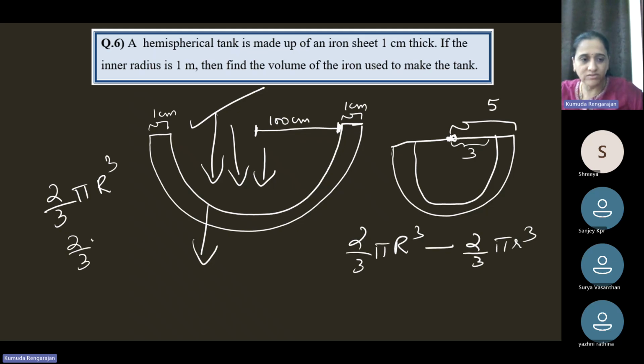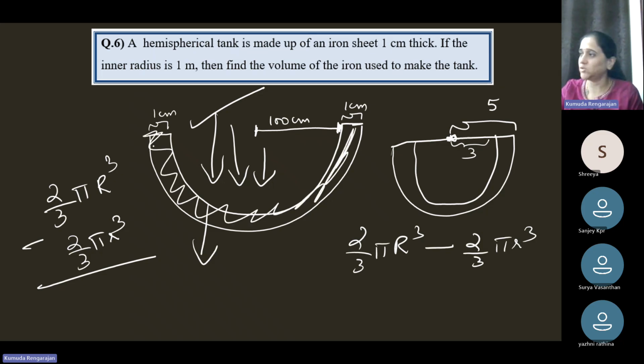When you subtract these two, you get the volume of the iron used to make the tank. So the formula is: volume of the material is equal to external volume minus internal volume, 2 by 3 pi capital R cube minus 2 by 3 pi small r cube.